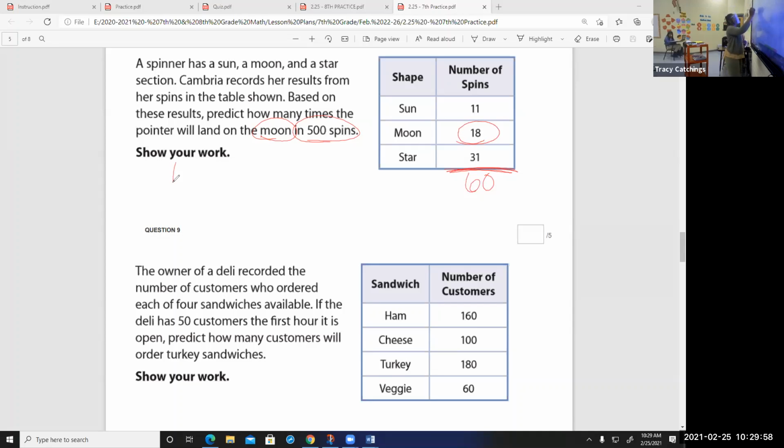Moon had 18 out of that 60. Now what's our denominator? Divide it out. 60 times what is 500? About 8.33. So then multiply 18 by 8.33.